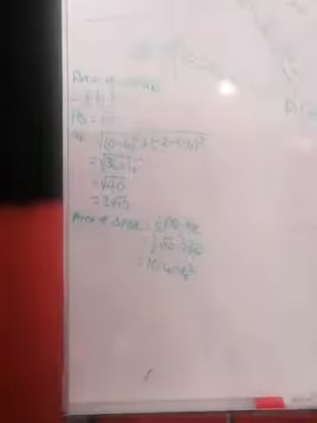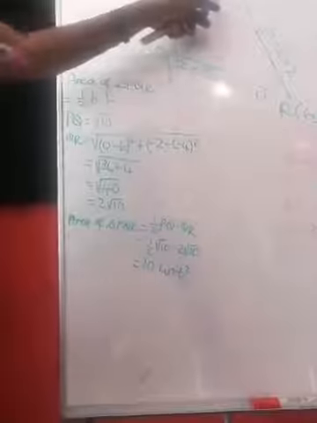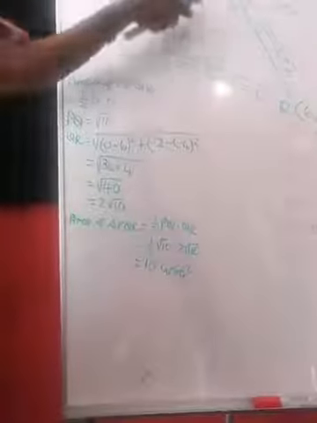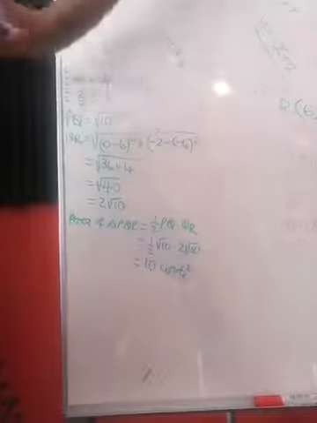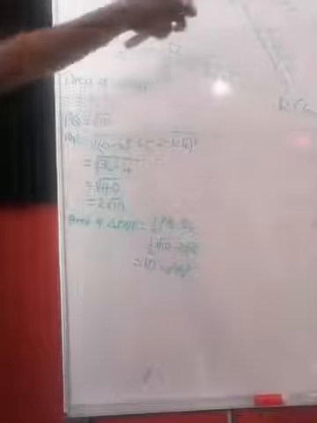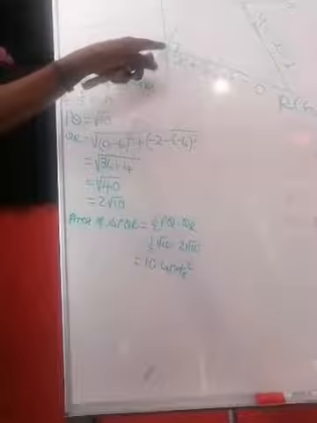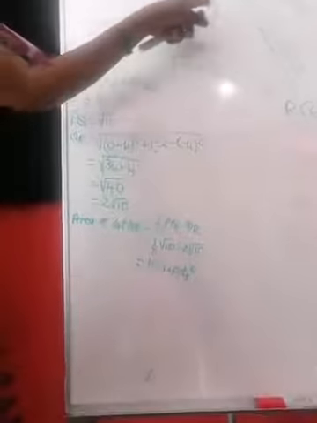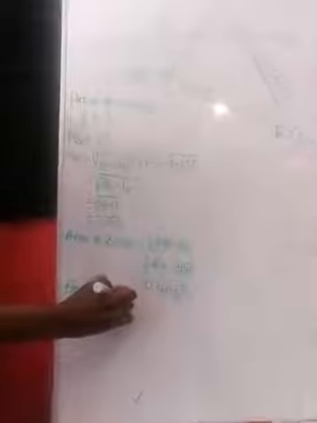And then we are going to less the area of PMN from the area of PQR to remain with the area of the quadrilateral QMNR. So we are going to calculate the area of triangle PMN.